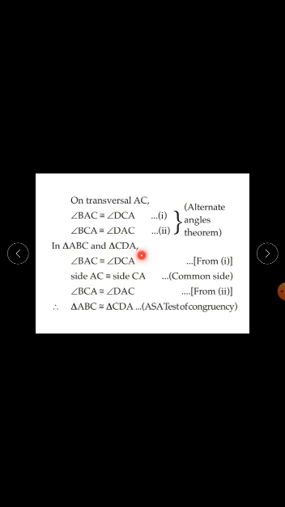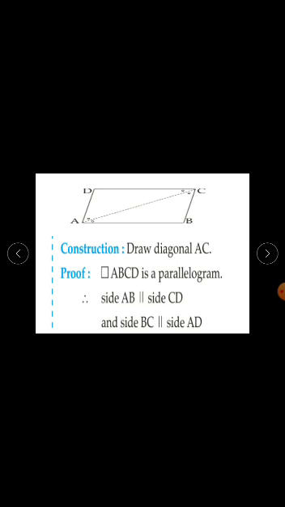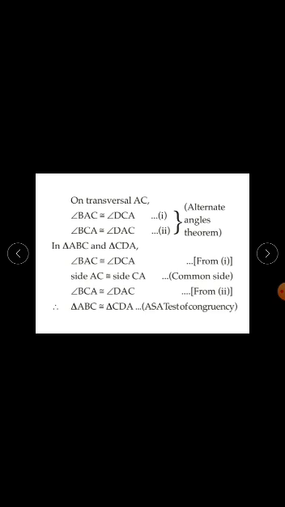Now in triangle ABC and triangle CDA, angle BAC is congruent to angle DCA, reason is from 1.